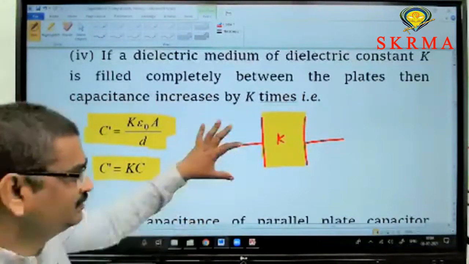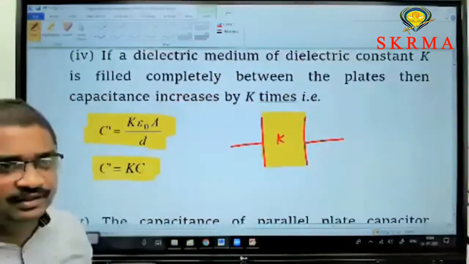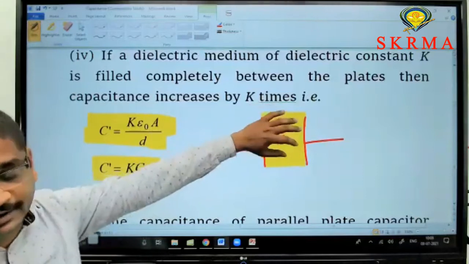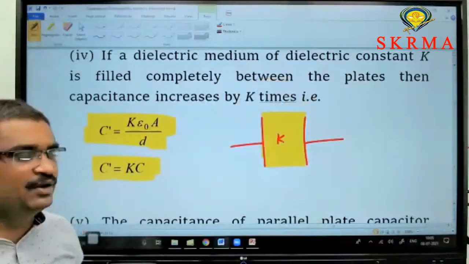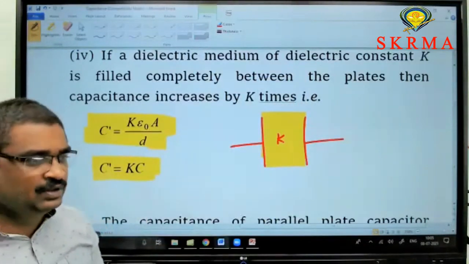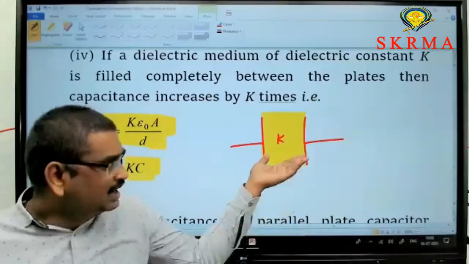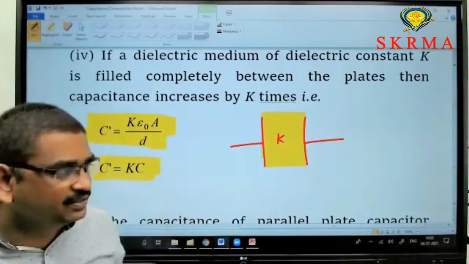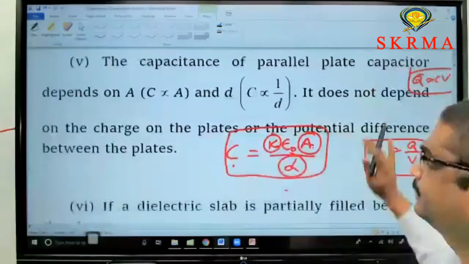Next, if the same capacitor is filled partially, if you fill the space between the capacitor plates partially, then what is the capacitance of the capacitor? We need to go through that one.